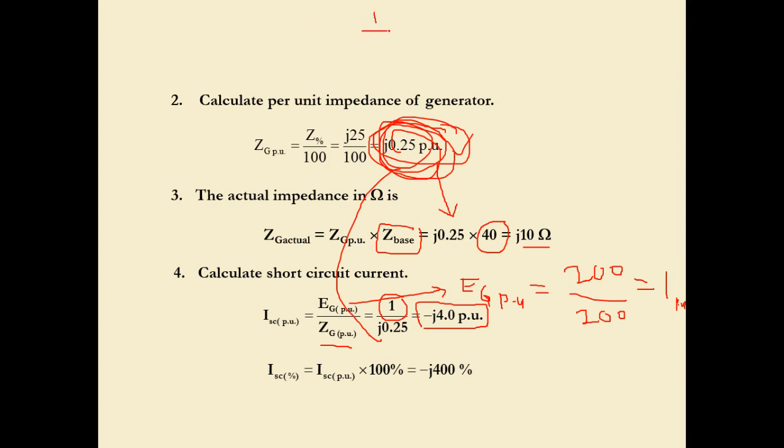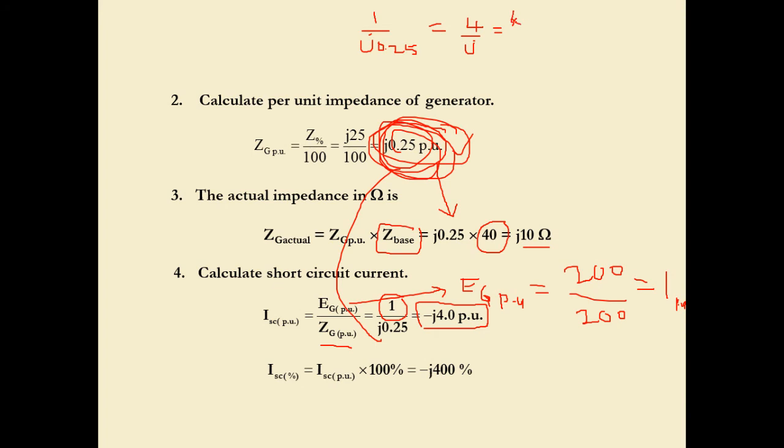So how to solve 1 over J 0.25? This is equal to 4 over J, isn't it?